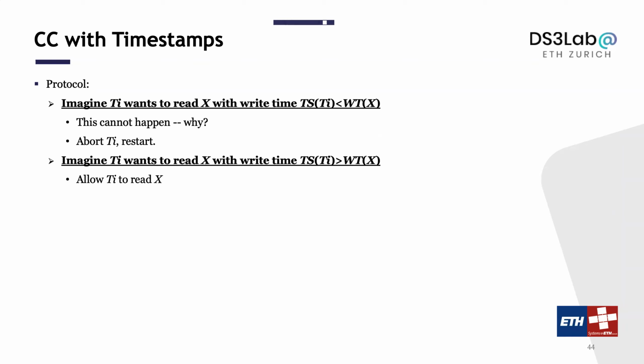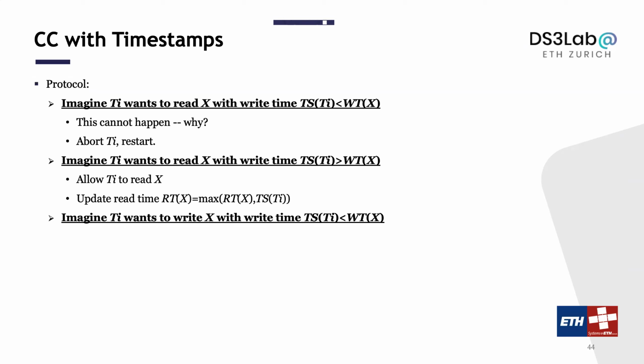X was updated by a transaction that's supposed to happen in the past because it has a smaller timestamp than me, TI. I'm reading from the past, so I just allow TI to read X, and then I update the read time of X to the max of the timestamp of TI and the current read time of X. I just update the read time.